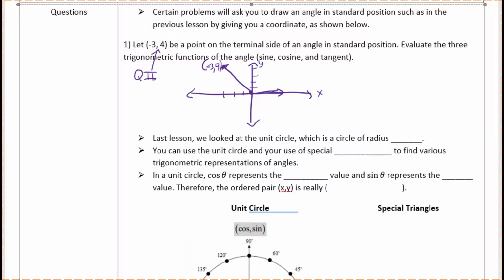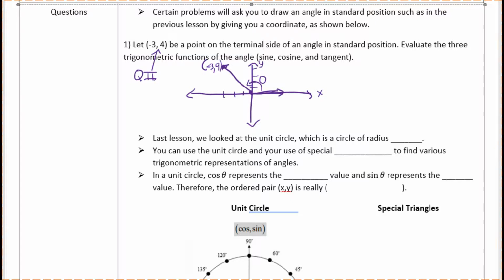Now that we have the point and the angle, we obviously know that we're going to have an angle here, but we don't know what that angle is because we only know the coordinates.